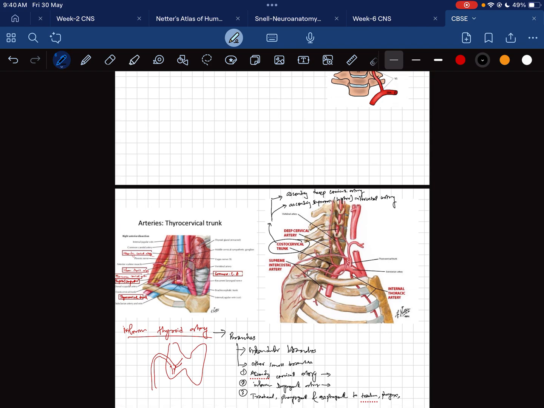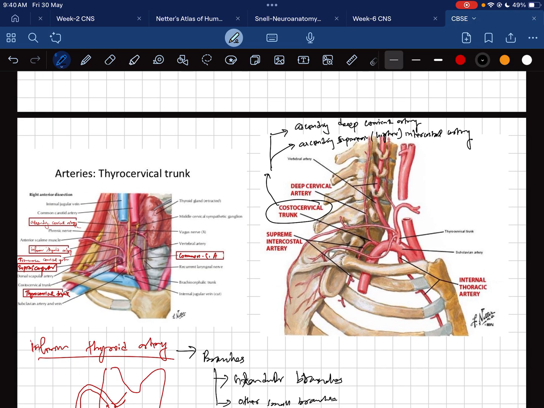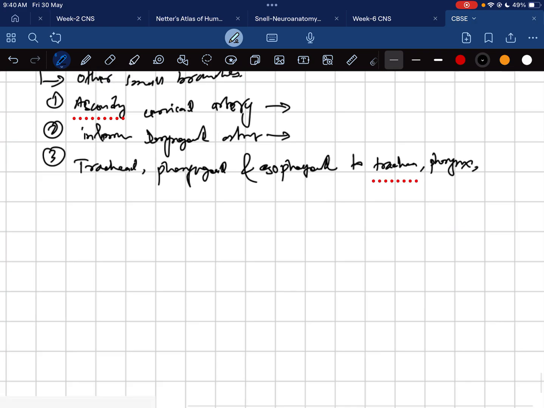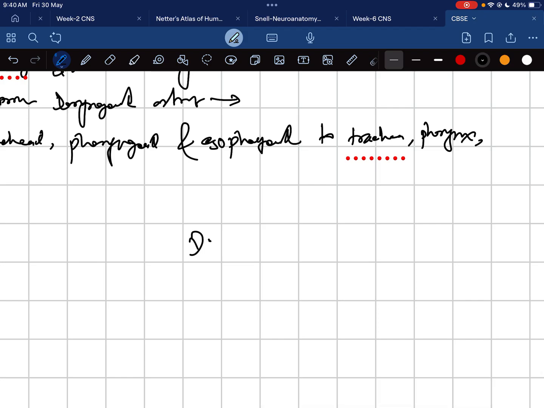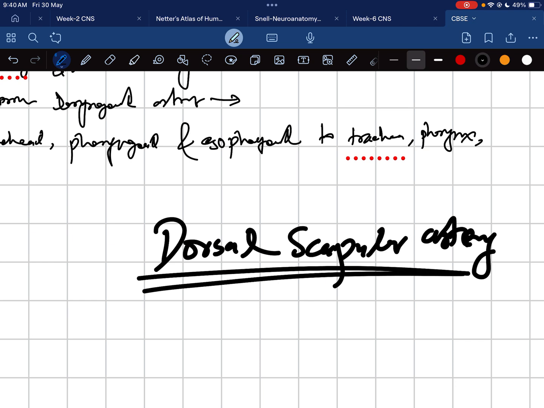Now moving on to the dorsal scapular artery. This is from the third part of the subclavian artery.